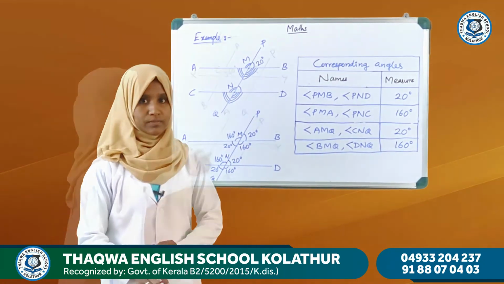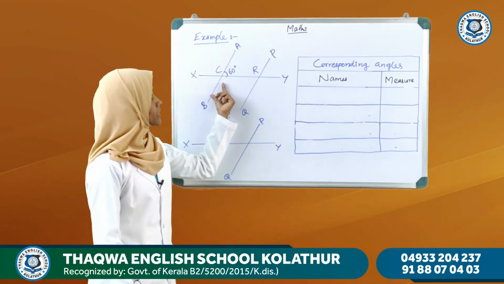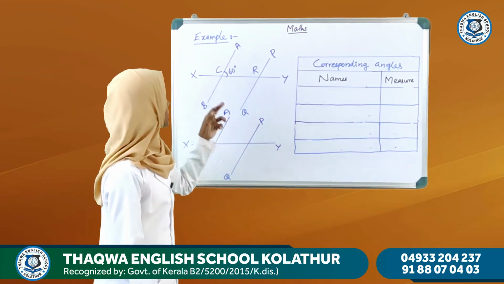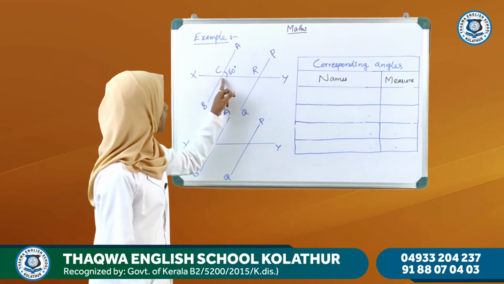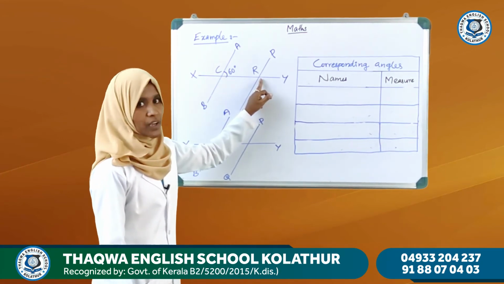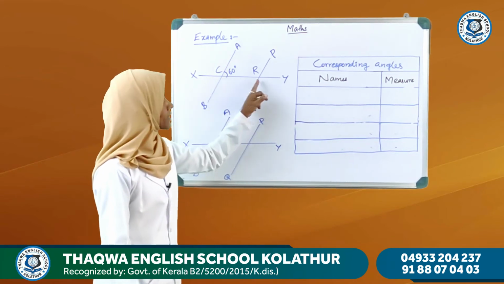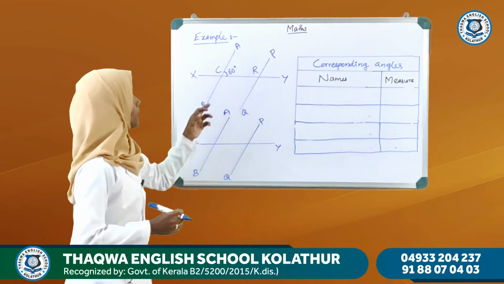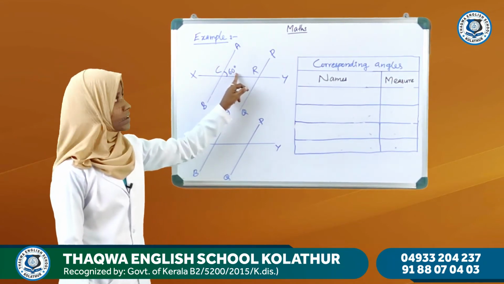Yes. Okay. Next example. You are given the lines AB and PQ are parallel lines, and the third line is XY. Here the two angles C and R. The intersecting point is C and R. Okay. Then angle ACY is 60 degree.